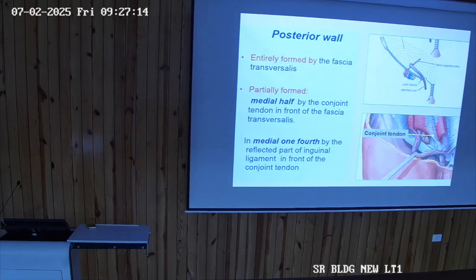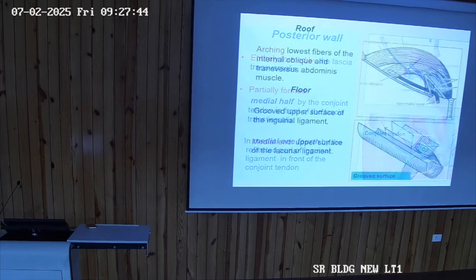Who formed the anterior wall? Skin, superficial fascia, external oblique aponeurosis. Who formed the posterior wall? Fascia transversalis. What is in the medial half? Conjoint tendon and the reflected part of the inguinal ligament. The conjoint tendon is formed by fibers of internal oblique and transversus abdominis which are attached to the pubic crest. So these are the fibers.